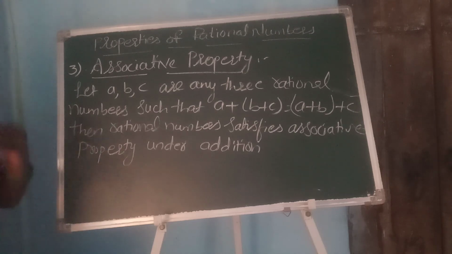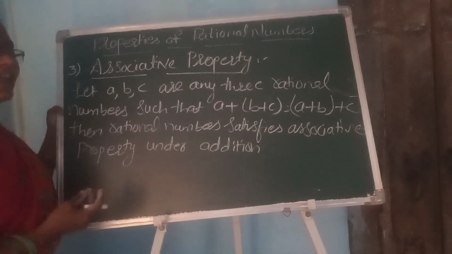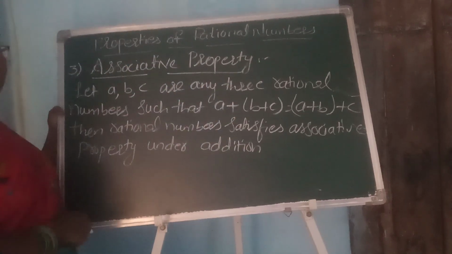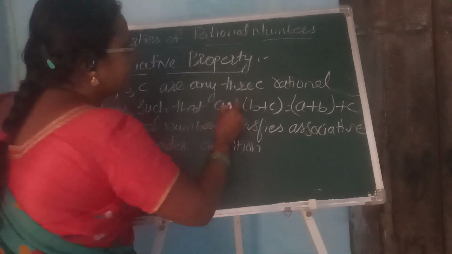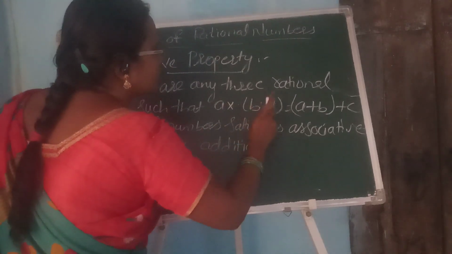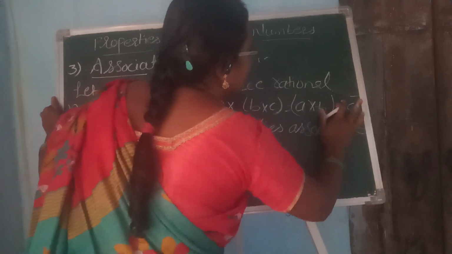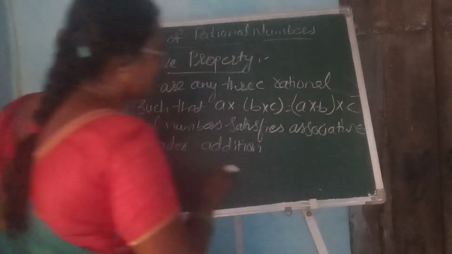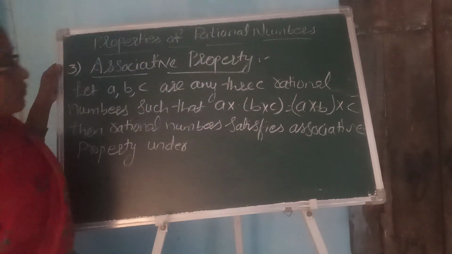So now if we go for the multiplication, for all the properties we are seeing under addition and also multiplication, if you are going to see for the multiplication, change the addition symbols into multiplication symbols. Now addition changes to multiplication.